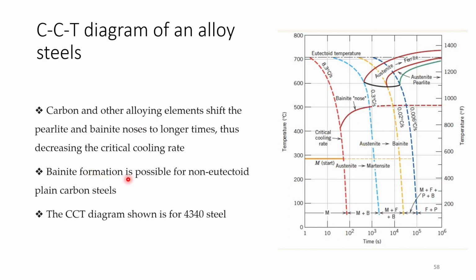Okay, so bainite formation is also possible for non-eutectoid plain carbon steels. So if your steel is not a plain carbon steel, then you can form bainite as well with the help of continuous cooling. And here the continuous cooling diagram shown is for 4340 steel. Okay, so here various cooling curves are shown with different cooling rates.